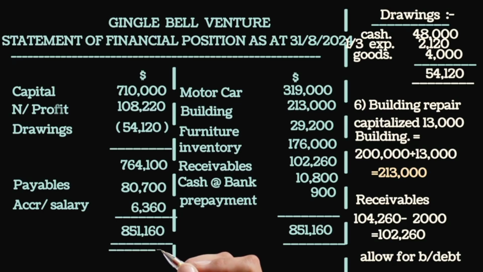Assets equal liability, capital plus what? Liability. Or assets equal equity plus liability. On this note, we come to the conclusion of this third section of the tutorial on final account. We have final account part 1, part 2, and this is part 3.